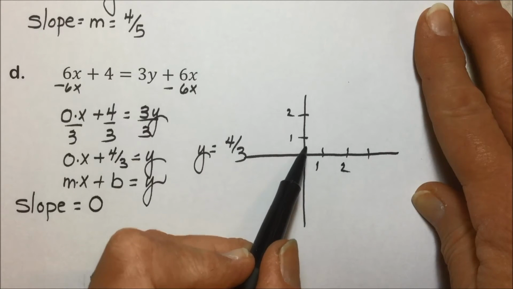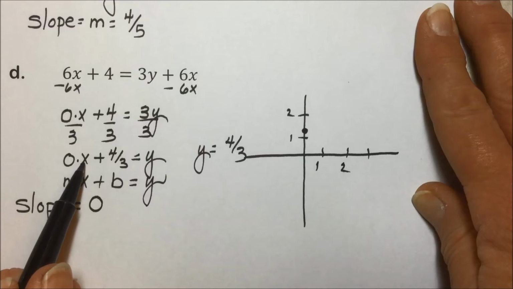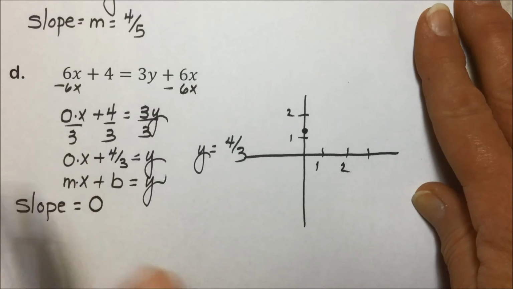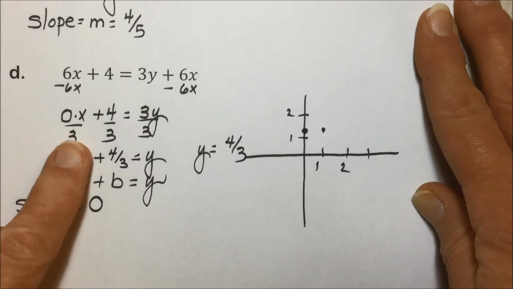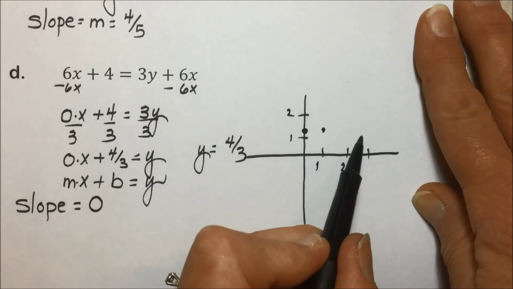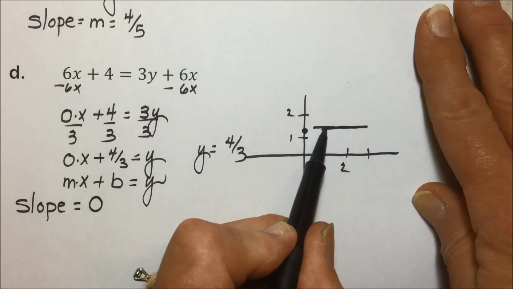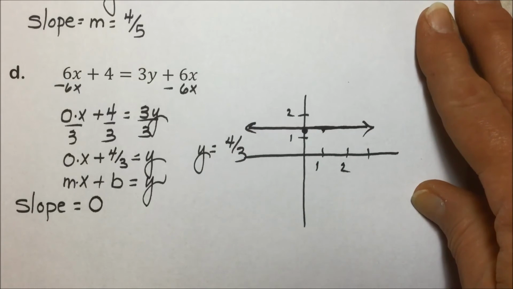So 0 and 4/3 would be 1 and 1/3. If x was 1, 1 times 0 is 0, y is equal to 4/3. Regardless of what our x is, y will always be 4/3, and we end up with this perfect horizontal, if I can draw a straight line and connect those points, horizontal line.